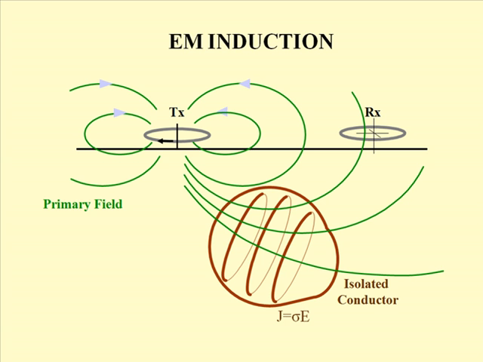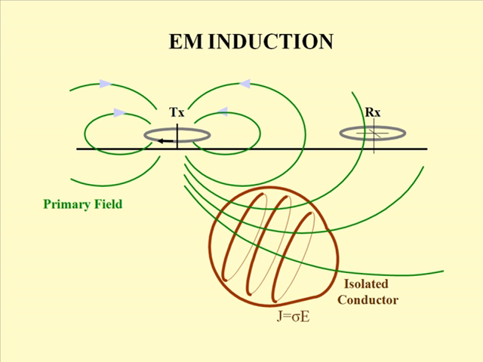Here's the conductive material inside this feature, or inside this circular thing you see here. So inside there, the conductivity is non-zero. The electric field is also non-zero. So when you take two non-zero numbers and multiply them together, you get a current density J, which is non-zero. So that electric field has become a current inside that isolated conductor.